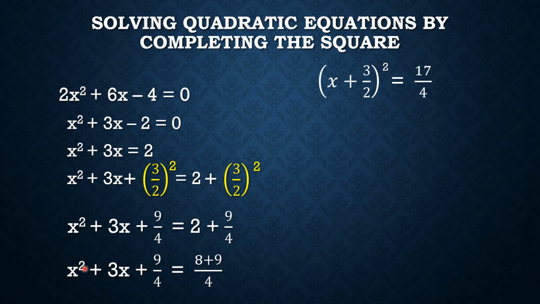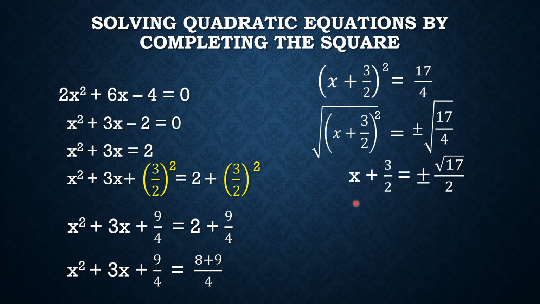Okay, square root na x squared is x, square root ni 9 over 4 is 3 over 2, and then square. By taking the square roots on both sides of our equation, we now have x plus 3 over 2 is equal to positive, negative, the square root of 17 over 2.